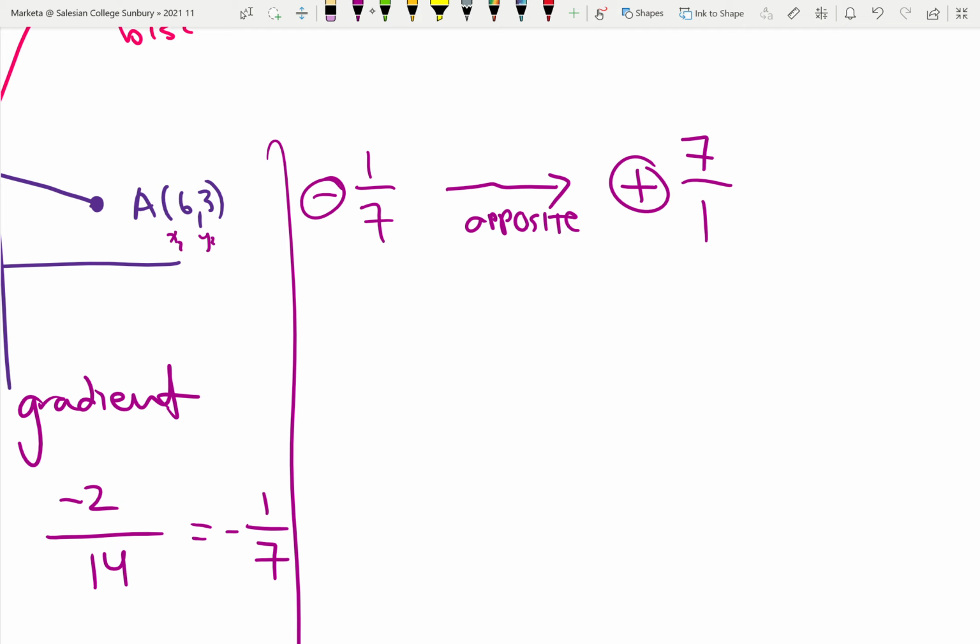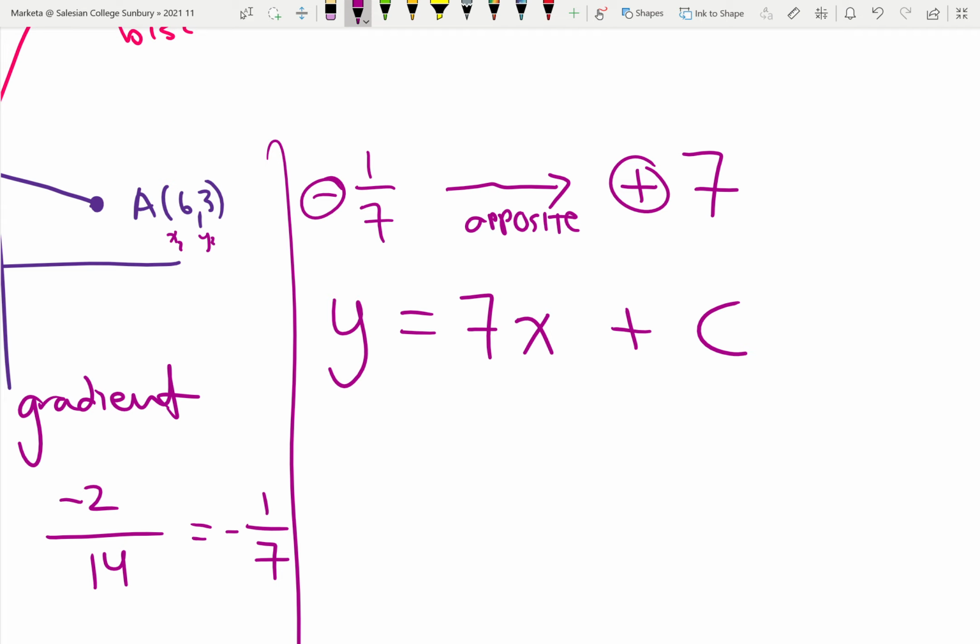But I think it's just quite nice and easy to flip it and change the sign. And of course, 7 over 1, that's 7. So we don't need the over 1. It's a bit silly there. So now I can say I've got the gradient. That gives me y equals 7x plus c. So I'm almost there. I've got one of the variables, the m, the gradient value.